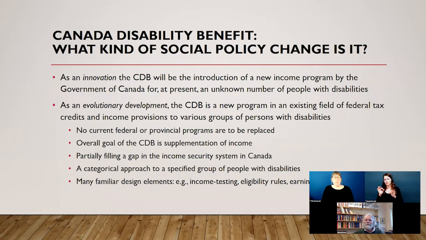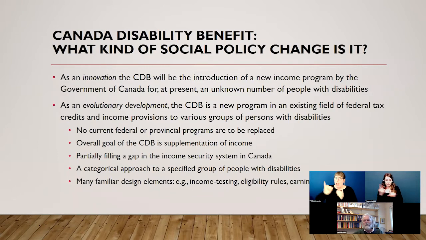And there's a lot of familiar elements of design in this program proposal that are available in other areas. But this slide shows a lot of the items for conversation and discussion that once a bill is tabled in the House of Commons, and probably in the fall, this September, October, November, when House of Commons Committee will hold hearings, that's when disability movements like Disability Without Poverty and other organizations and families and communities will come forward with what will need to be pretty clear, specific answers to a lot of questions as to how the program will be designed.